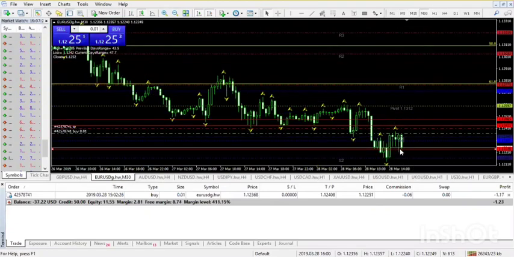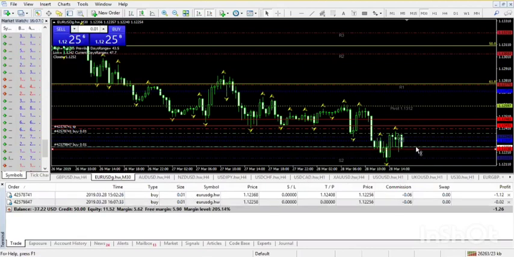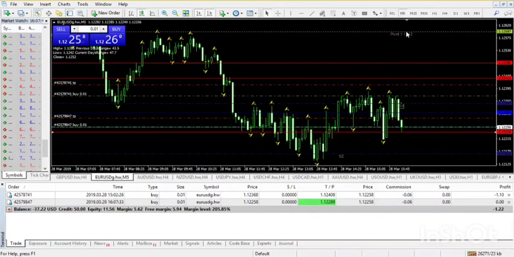You see, in here it has to be retraced because it has nearly reached the bottom of the swing high that we have. You can take orders here. Take a buy order here and exit at this point, at these pivots.